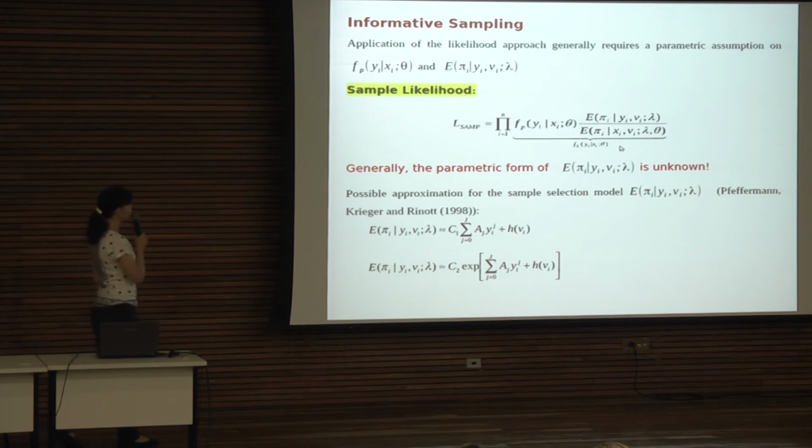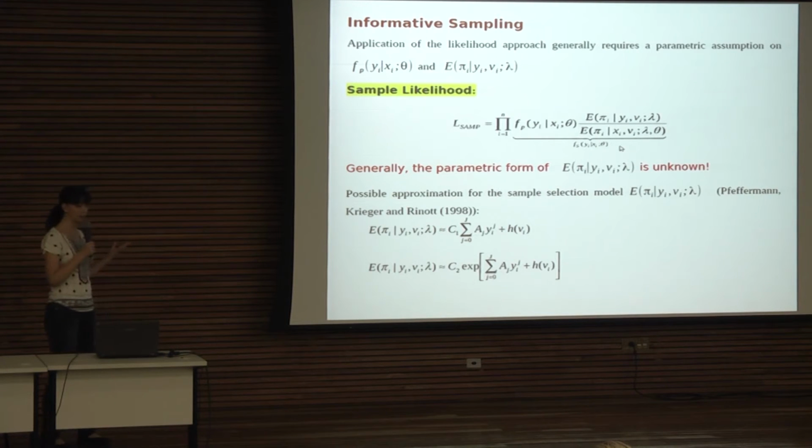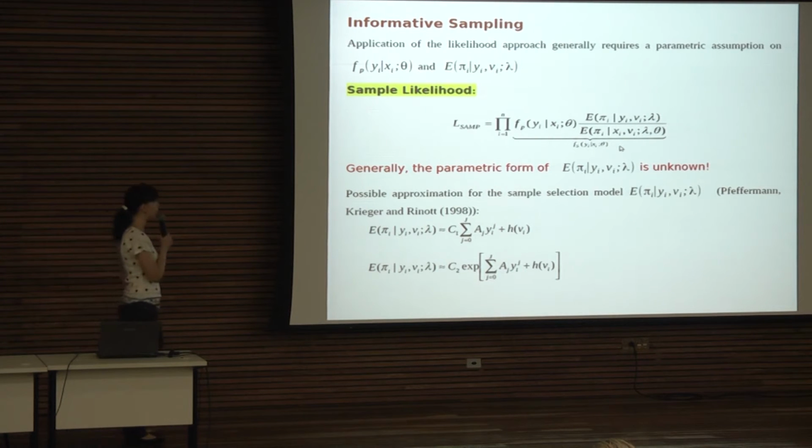Now, application of the likelihood approach generally requires a parametric assumption on the population distribution and the model describing the sampling selection mechanism, which is represented here by the conditional expectation of the probabilities pi_i given the values of the outcome variable and vector of auxiliary variables.